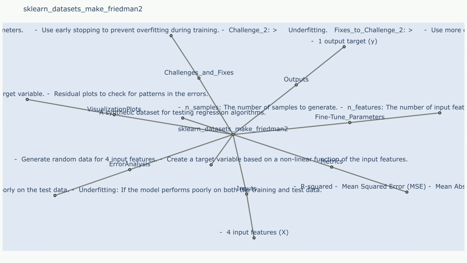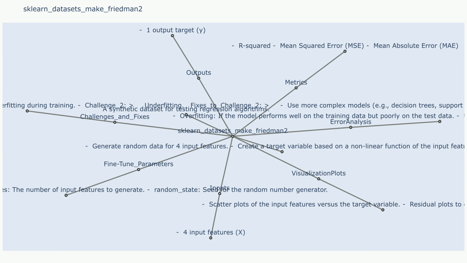Fine-tune parameters. n_samples: adjust this parameter to create a dataset with the desired number of samples. n_features: this parameter determines the number of input features, allowing you to control the complexity and dimensionality of the dataset. random_state: setting this parameter ensures that the generated dataset is reproducible.